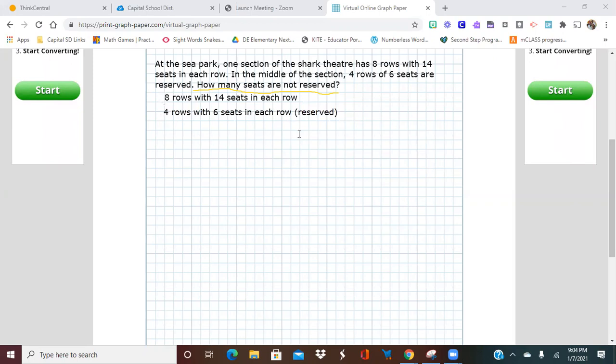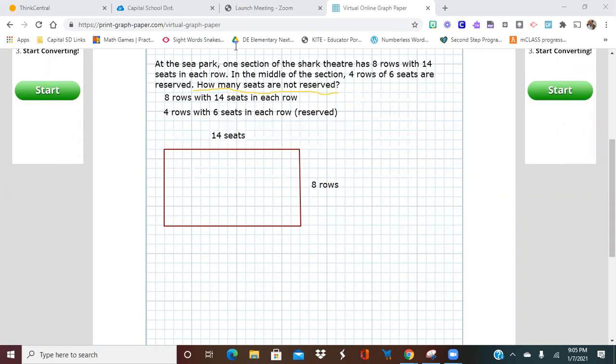So if I wanted to draw a picture, okay, it might look something like this. So this is my entire theater, okay? So this is showing my 8 rows, all right? And my 14 seats in each row. All right.